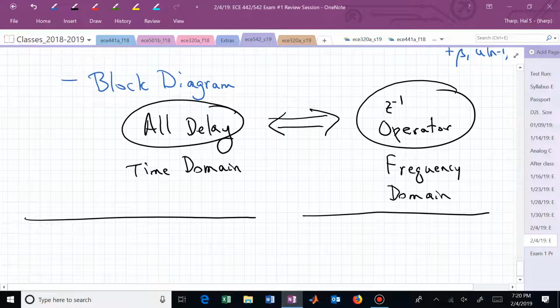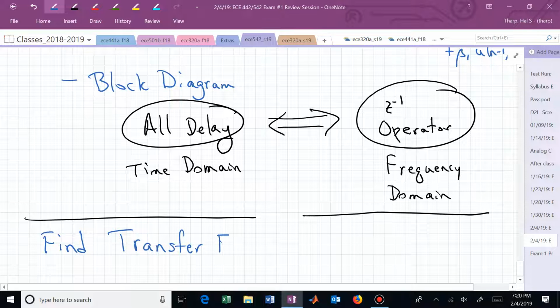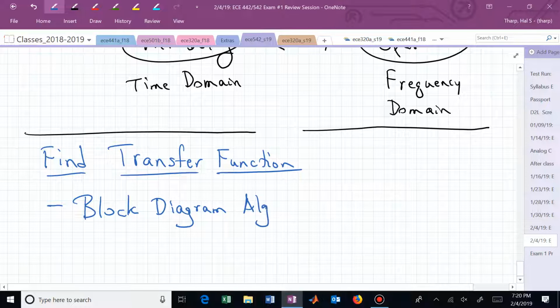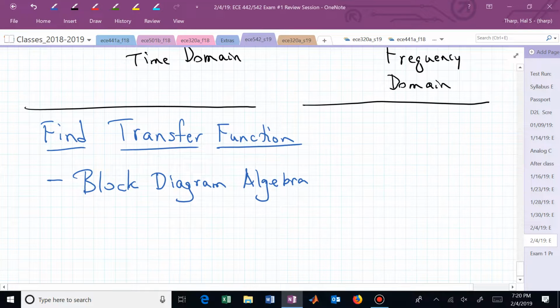Taking the Z-transform of a difference equation allows you one way to find a transfer function. You could also find it from block diagram algebra. Or performing the Z-transform of the difference equation, as we just mentioned.